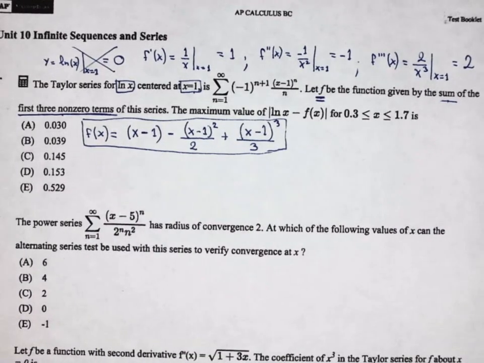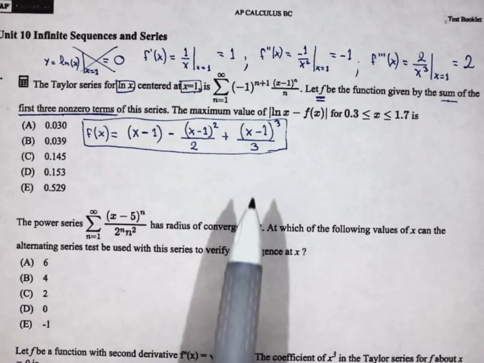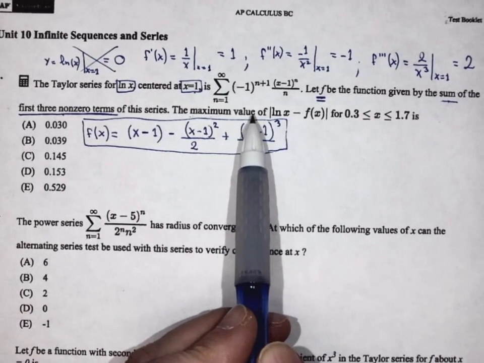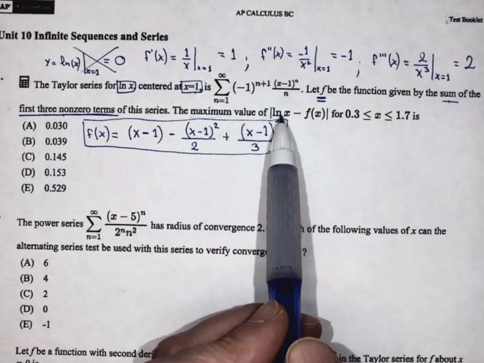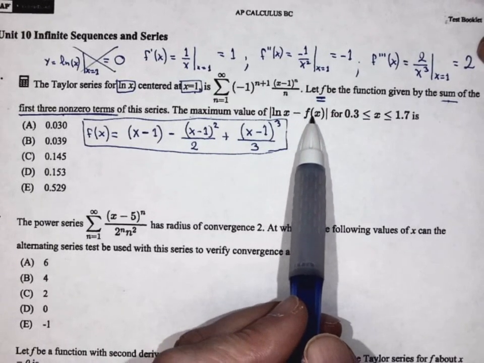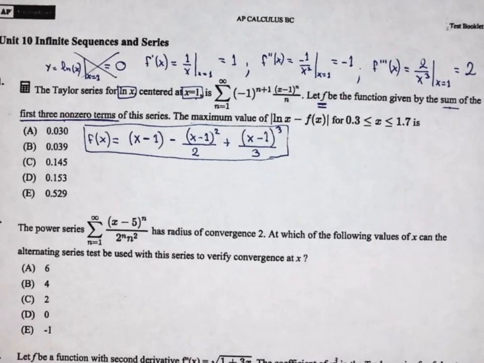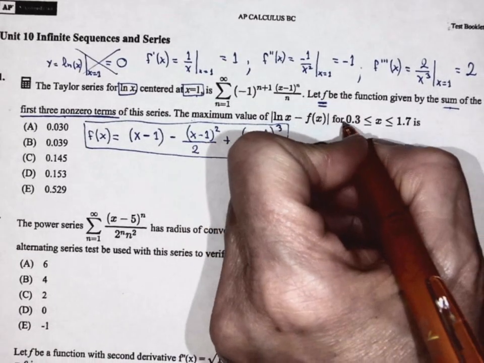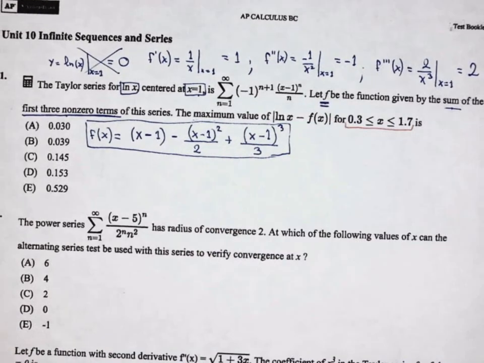Once you have that down, we're going to use it to maximize the absolute value of natural log of x minus f of x, for x between 0.3 and 1.7.